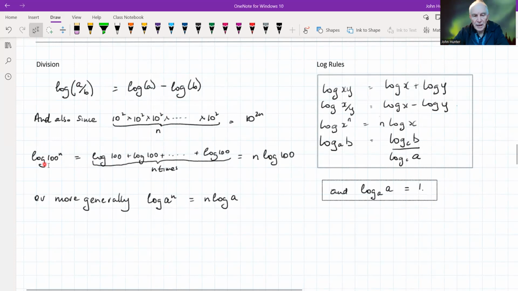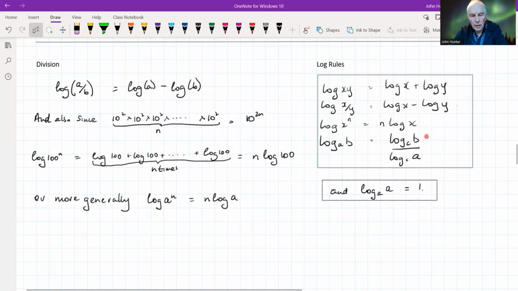So we can see here log of 100 to the power of n equals n log 100. We could say log of a to the power of n equals n log a. Those give rise to our log rules, certainly these first three. So the log of x times y is equal to the log of x plus the log of y. There's the division rule as well, and the power rule here.